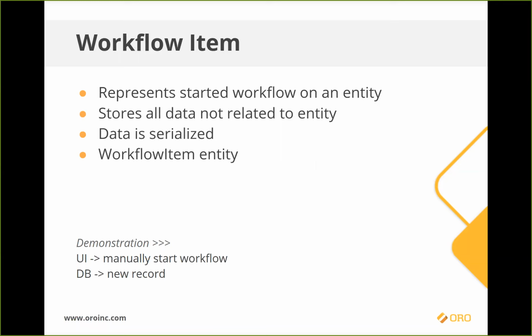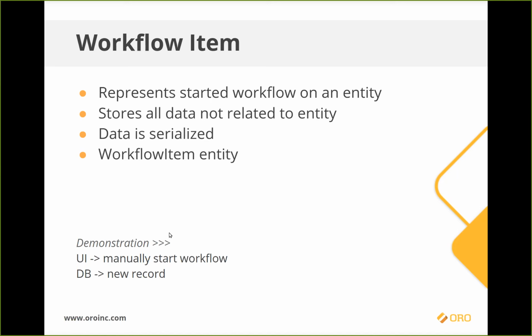So we modified the Twitter and the Facebook URLs for the contact. Those are attributes related to entity itself, so we do not need to store them in the workflow item, right? Because they belong to entity, we store them in the entity, and that's it. If we would have any attributes related to workflow, it will be stored in this workflow item in serialized form.